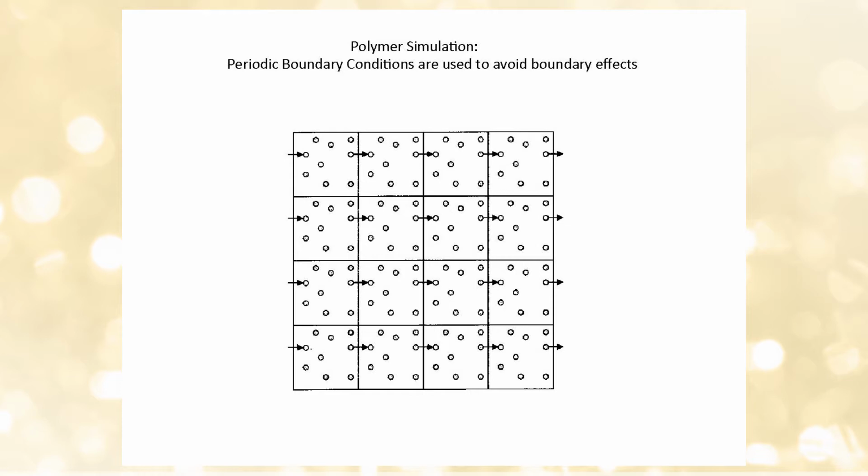So what we do is molecular dynamics simulations. When you do molecular dynamics simulations, the degrees of freedom are so high that you cannot simulate the entire system. On the other hand, you cannot restrict yourself to simulating only a few chains, because you will have boundary effects. So you have to use periodic boundary conditions.